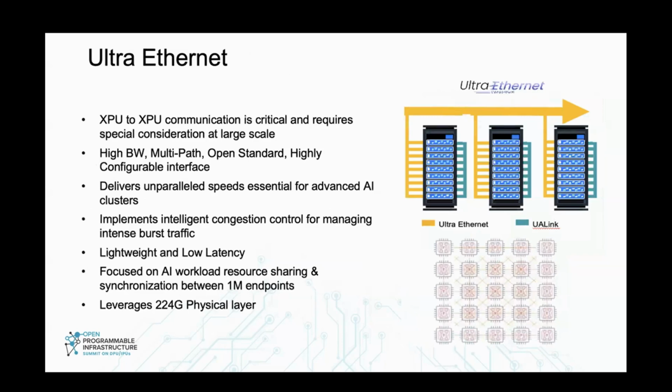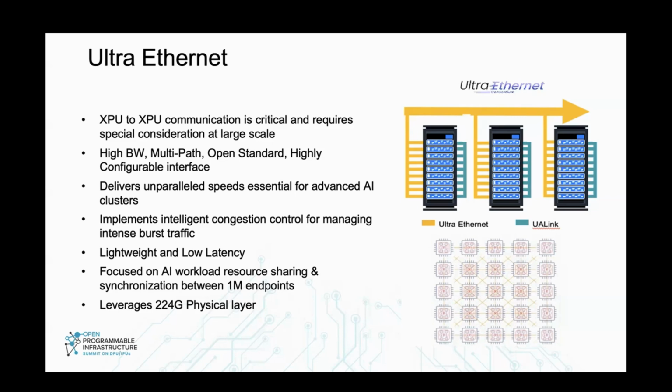The Ultra Ethernet will enable us mainly to address the AI and high performance computing scale out requirements. This is also a very high speed protocol that leverages 224 gig speeds, and it is also configurable. We can configure from 1 to 8 lanes, and we can have multiple 8-lane macros within the SoC to get to the bandwidths that we are looking for. This protocol implements intelligent congestion control for managing intense burst traffic.